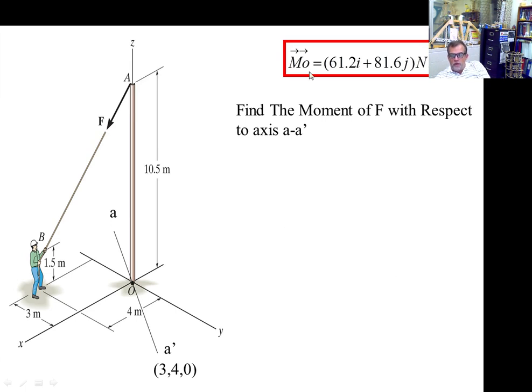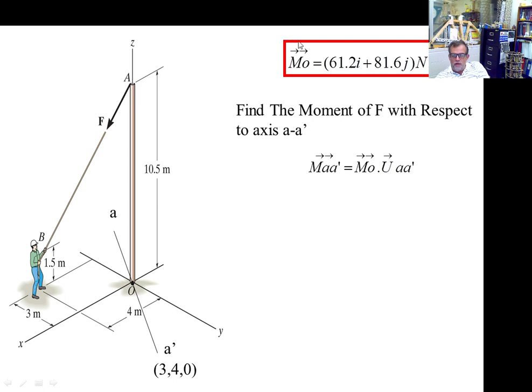You just get the moment with respect to any point in the axis, which we already have, and you do a dot multiplication with that moment and the unit vector of that axis. Remember, this result is going to be a number, because it's basically doing the projection of that moment, but now with respect to this axis.